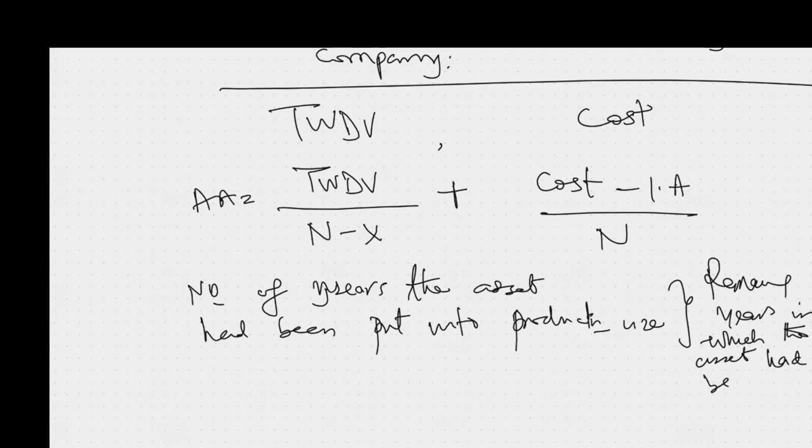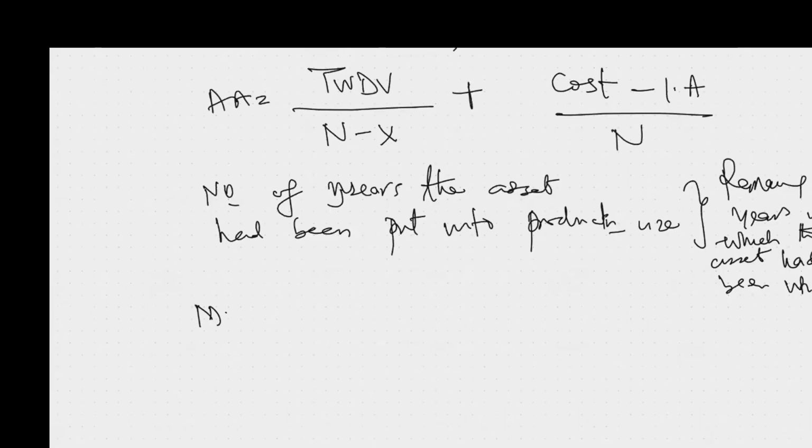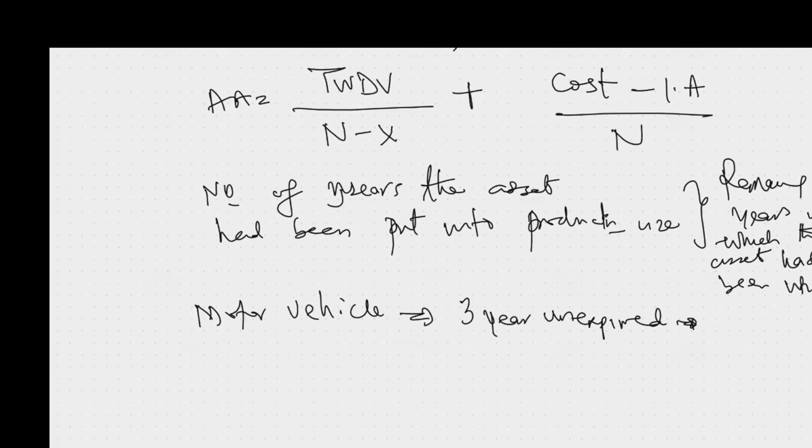So take for example, for motor vehicle, the examiner says 3 years unexpired. When you hear 3 years unexpired, that means 3 years remaining.